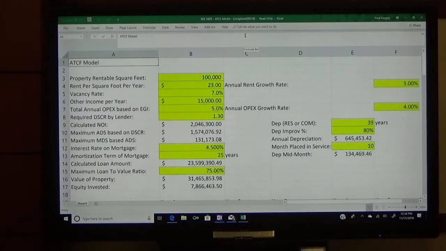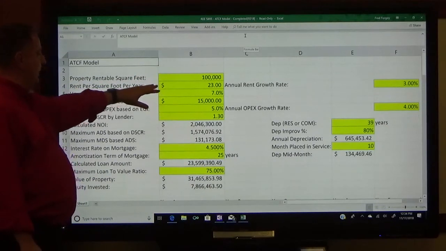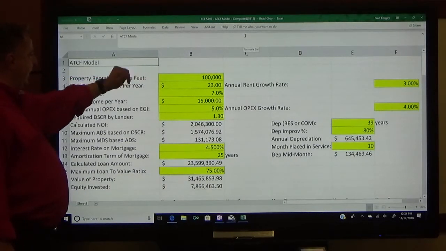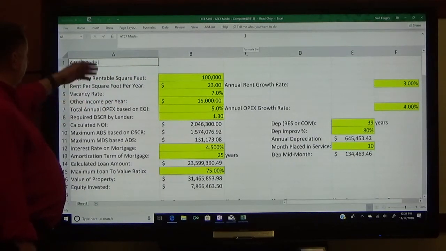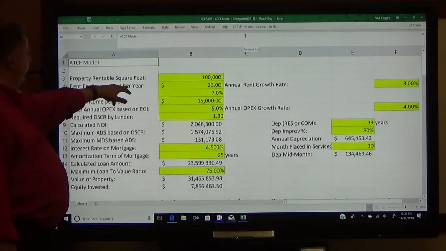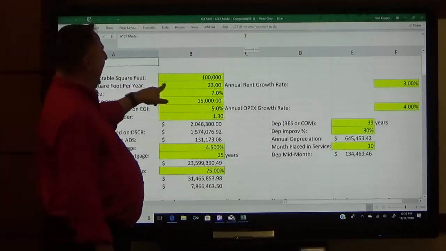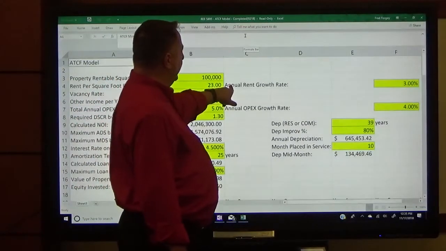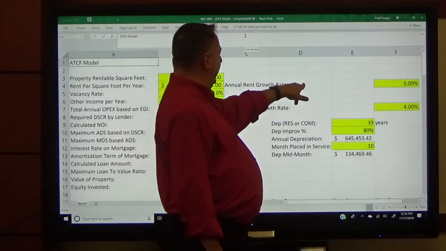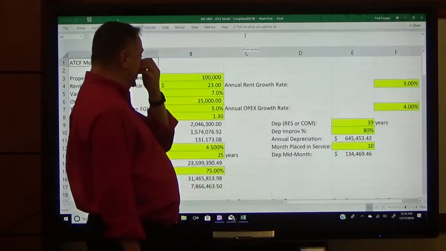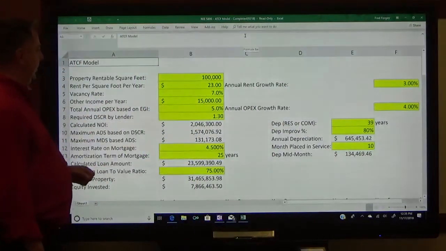All right. So the first thing, all the assumptions up here, I don't think we're going to explain too much of this. The rentable square feet for the property is 100,000 square feet, much like we were talking about this morning. What's the rent per square foot per year? In this case, $23. Attached to that, over on the right-hand side, we have an annual rent growth rate of 3%, and we'll talk about how that gets worked in mathematically down below.